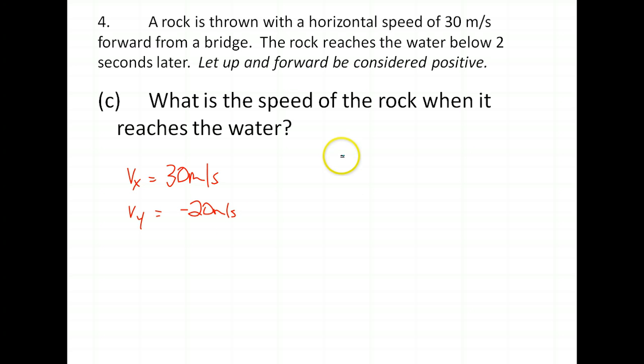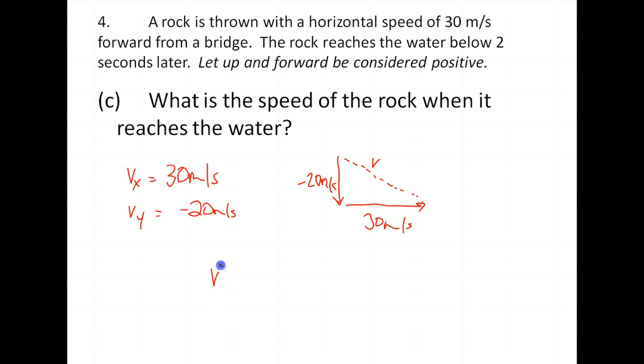We're looking at a triangle again, folks. So we've got our vertical velocity heading down, negative 20 meters per second, horizontal 30 meters per second, and we want to know what is our actual velocity. So Pythagorean theorem, here we come.